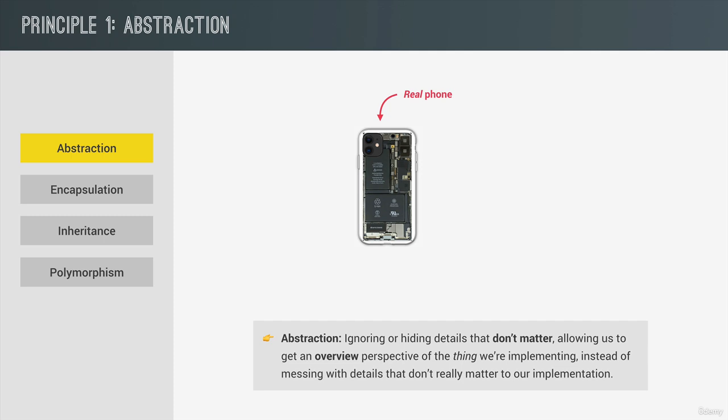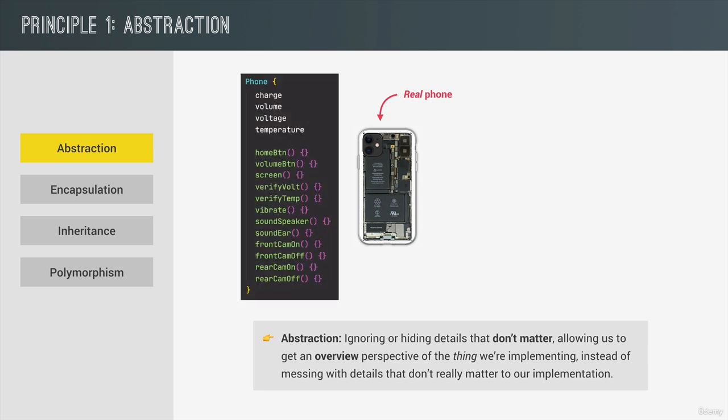And even though this doesn't make much sense in code, it's still a great example and analogy. So without abstraction, we could design our class to include everything that there is about a phone, including all the internal stuff like verifying the phone's temperature and voltage, turning on the vibration motor or a speaker, and other low-level details.